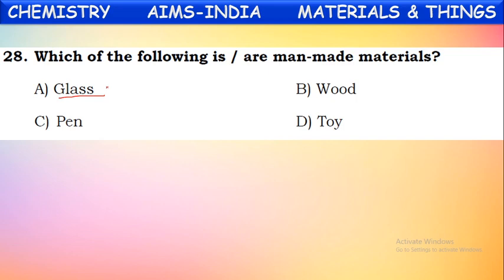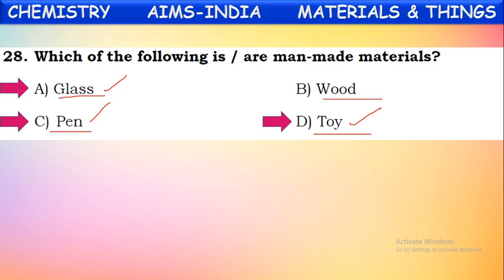It is not naturally occurring or naturally available; it is prepared by human beings. Wood is naturally occurring, naturally available. Is a pen naturally available? No, it is a man-made material. Even toys are man-made materials. So the correct answer is glass, pen, toy. These three are man-made materials.